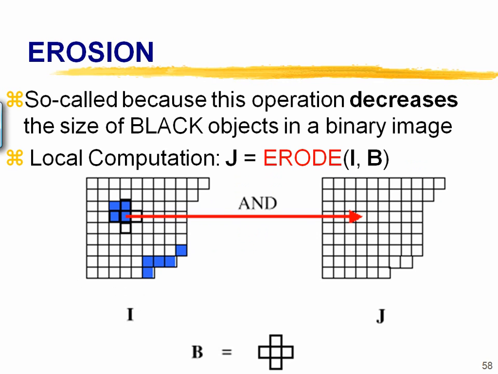Now, the opposite of that is an erosion operation. What that does is reduce the size of the region that you have. So if I were to take the same structuring element and run it on an image that looks like this, the object would be gone. Both of these would be eliminated. That would be the result of erosion. It's shrinking the image.